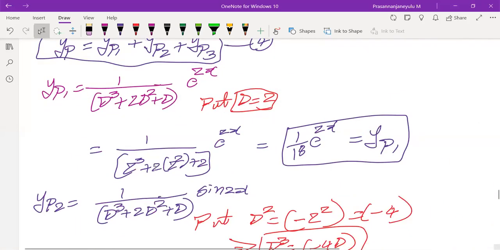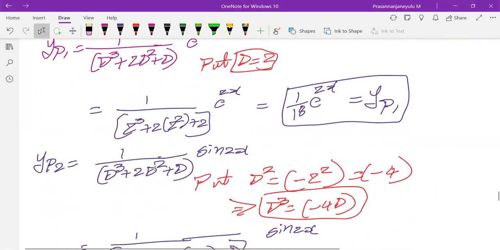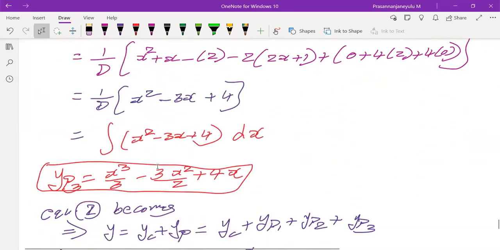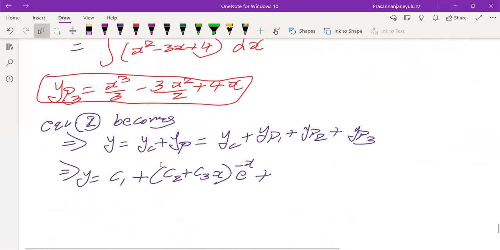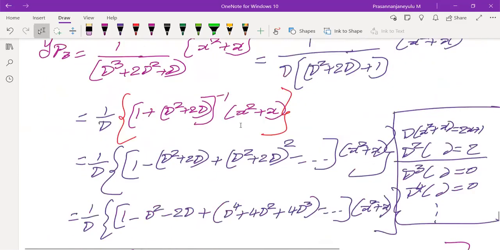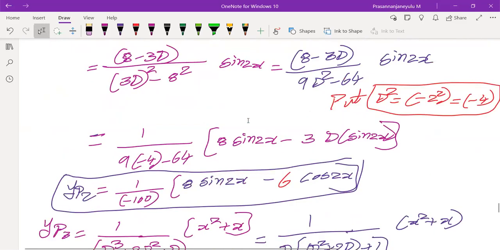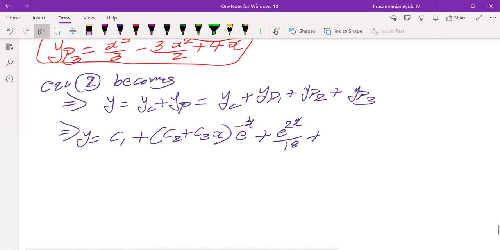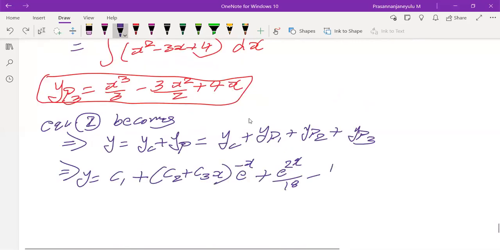Now what is the yp1 we got? yp1 is e power 2x by 18, plus yp2, which is minus 1 by 100 into (8 sine 2x minus 6 cos 2x).